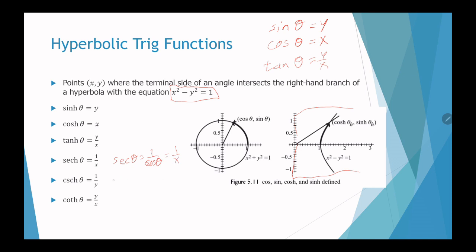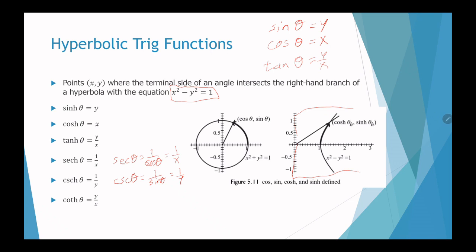And csch of theta is 1 over y, and cosecant of theta is equal to 1 over sine of theta, which is equal to 1 over y. And then coth of theta is the opposite of tangent, or the reverse, so it's x over y.